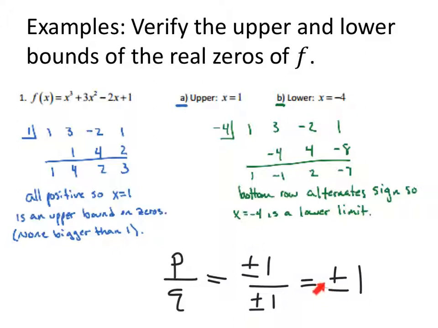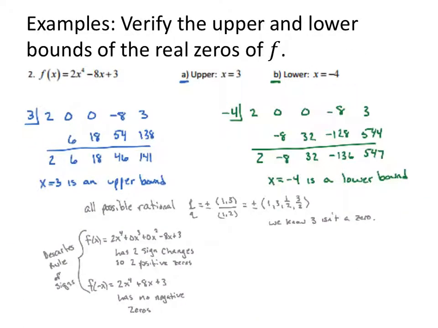And looking at sign changes, that's positive to positive, that's 1, 2 sign changes, so I'll have either 2 or 0 positive real zeros. As it turns out, I'm not going to have any positive real zeros. I have 1 negative real zero, and I'll have 2 complex zeros, and I know this without even checking yet.